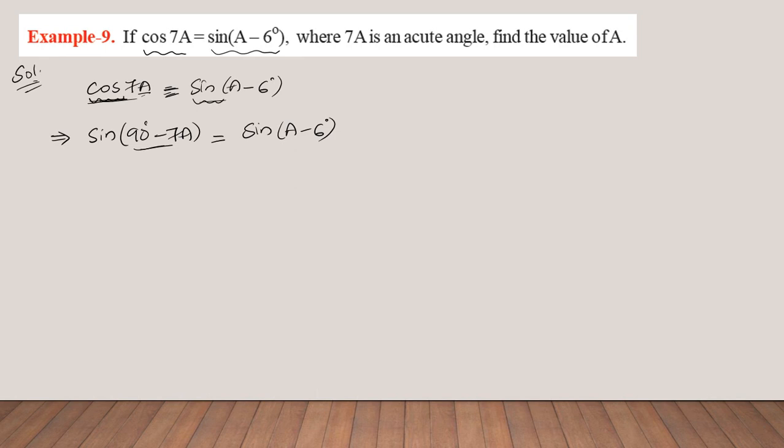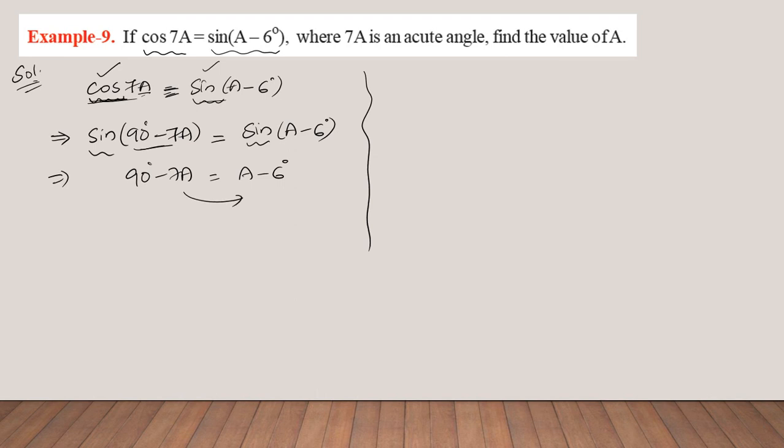Now you may have a doubt, sir, whether you can only change cos as sin, or you can change sin as cos also. That is also possible, and I will show you that here. Now from this, since both are sin only, I can directly compare these two. So 90 minus 7a is equal to a minus 6.